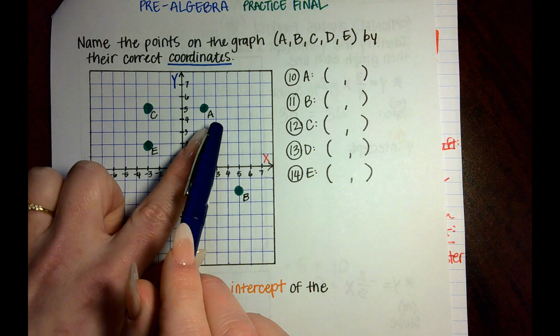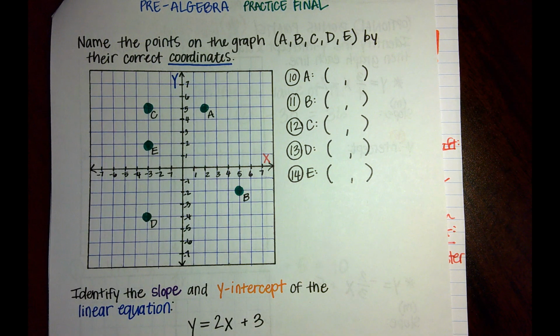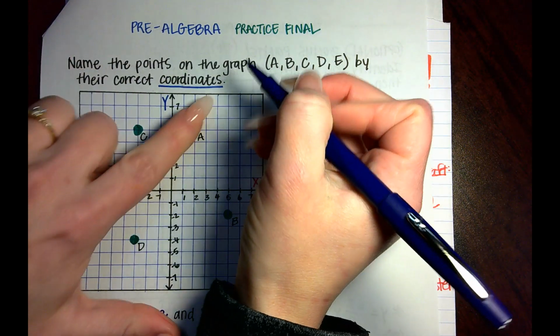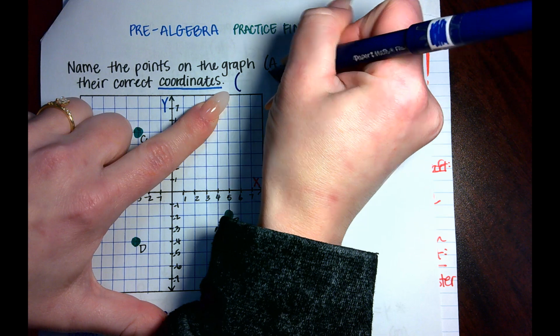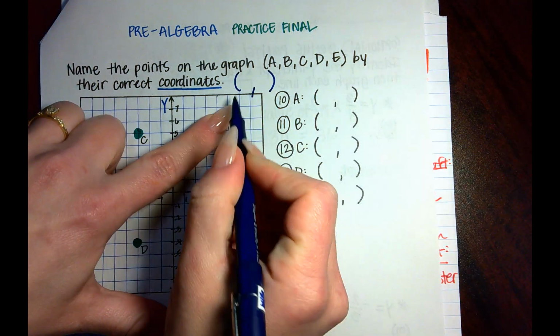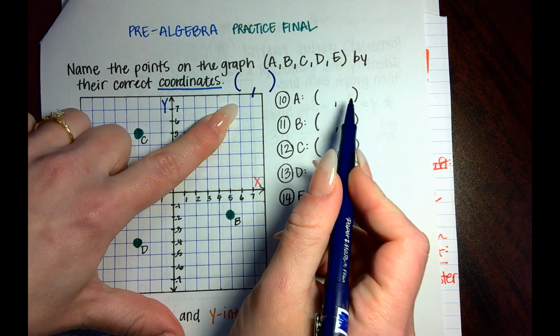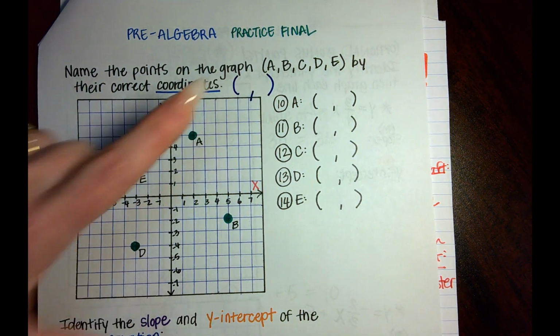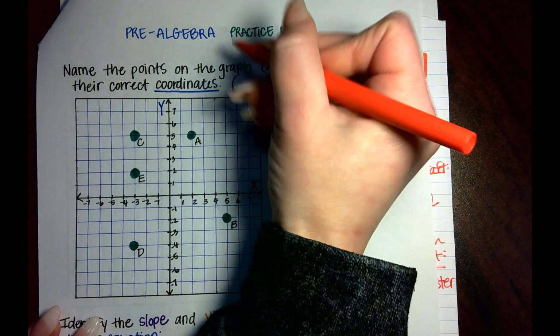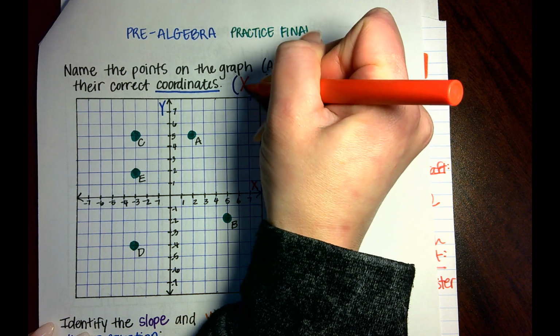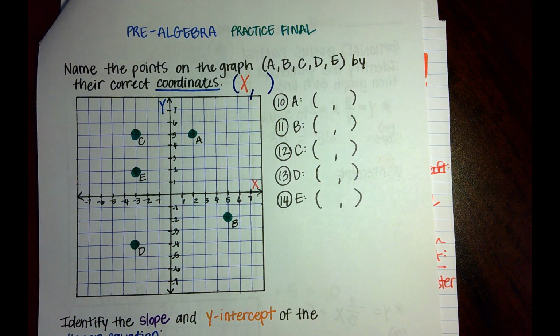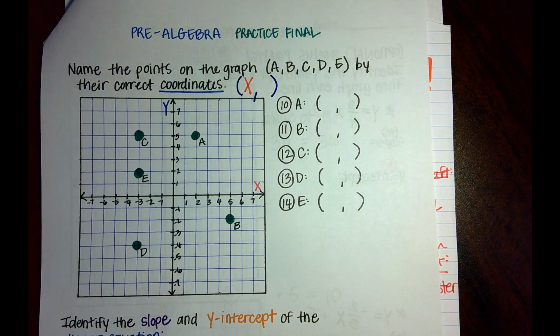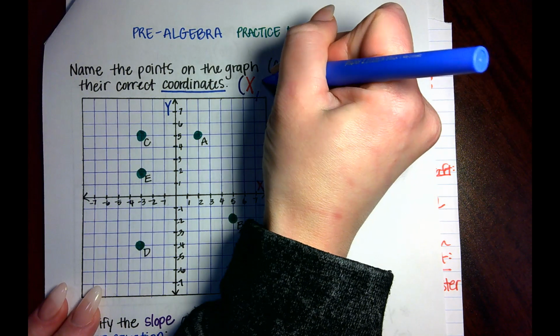The way that we name a coordinate is by giving it two numbers. We will have a parentheses like this, and in the first spot of the parentheses, we choose a value for x, and in the second spot, we choose a value for y.